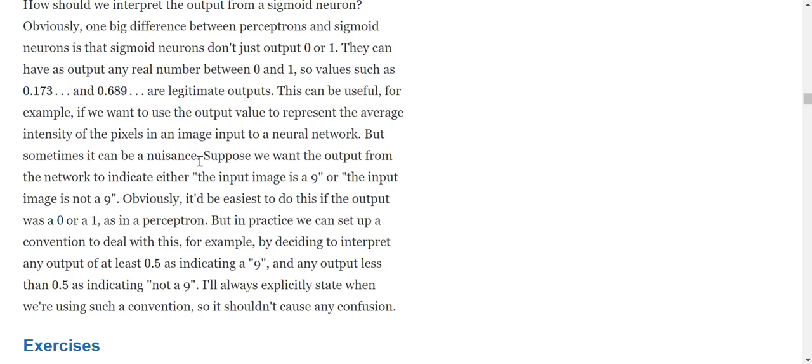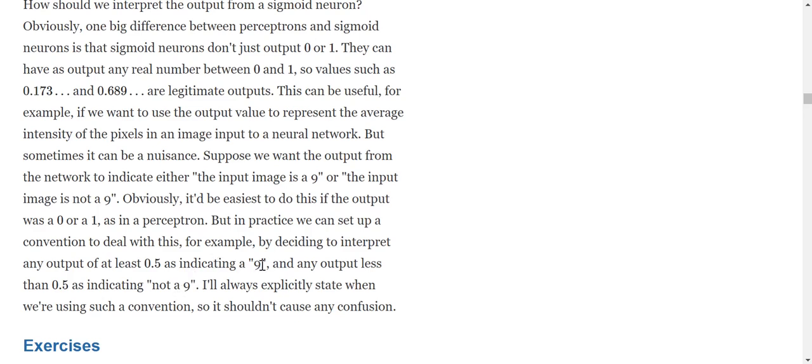Suppose we want the output from the network to indicate either the input image is a 9 or it is not a 9. Obviously, in this case, the output was 0 or 1 as in perceptron. But in practice, we can set up a convention. We can define that after the sigmoid is applied, if you see a value greater than 0.5, give a 1, or less than 0.5, then give a 0.